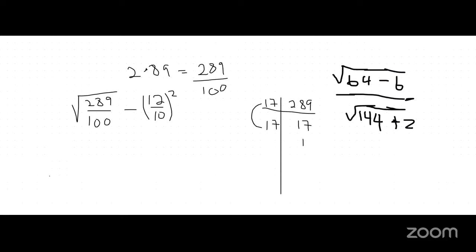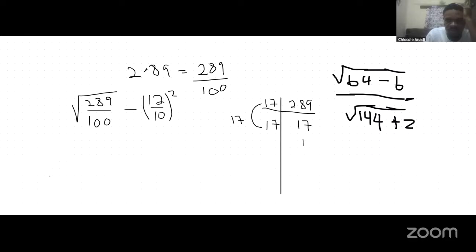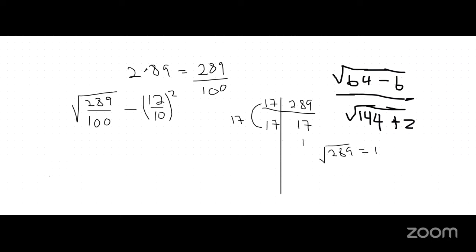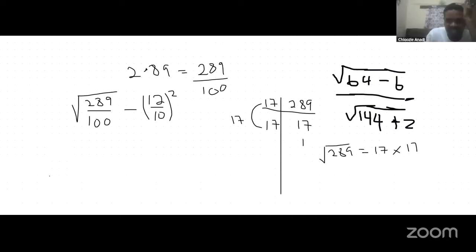So right now, the square root of 289 is what? 17. Watch this: 17 times 17, we're going to pick one. Since they are the same thing, and square root means pairs of two, we pick one. So the square root of 289 is 17, and this is our answer.